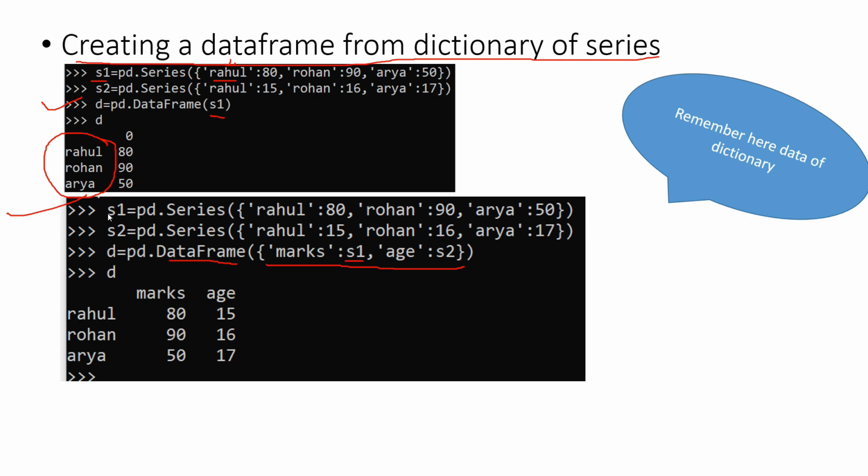S1. And what is S1? The series 1. And the next key is age, that means the next column is age, and inside that the next series, that is S2. So on printing this, you can see marks and age, the columns, and the data of marks and the data of age, and this is the index which is by default given by series.